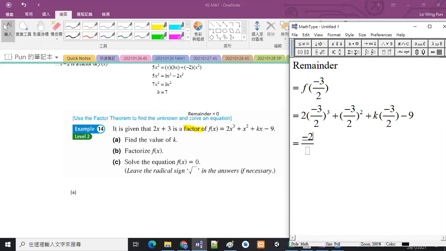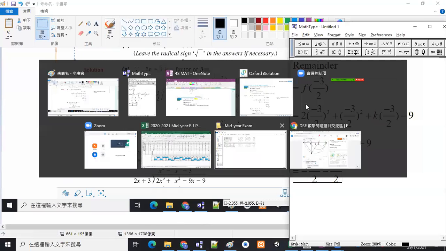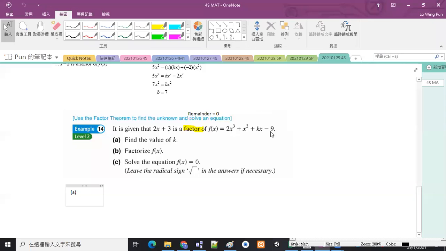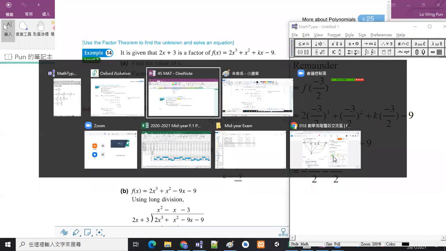It should be like this. Correct. -27 is correct. So this is our remainder.